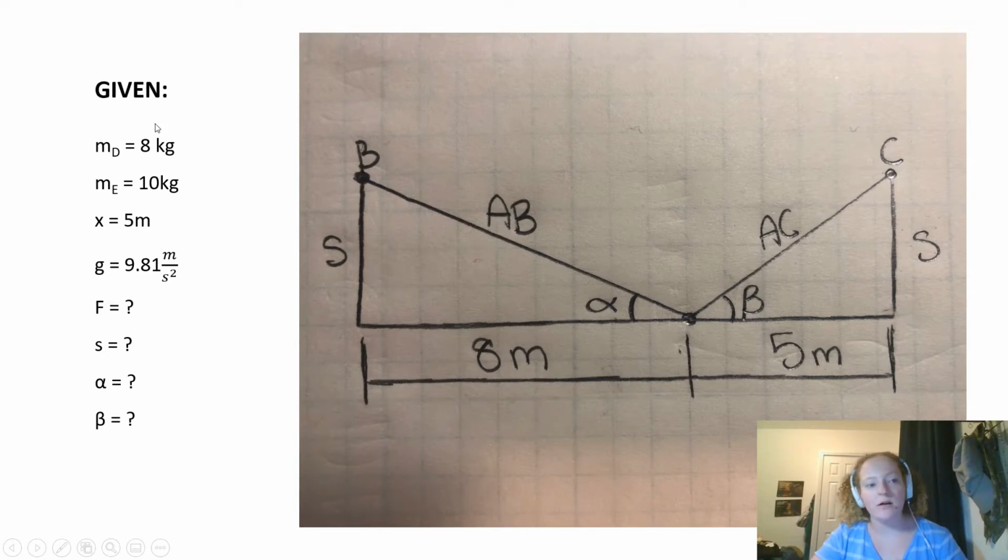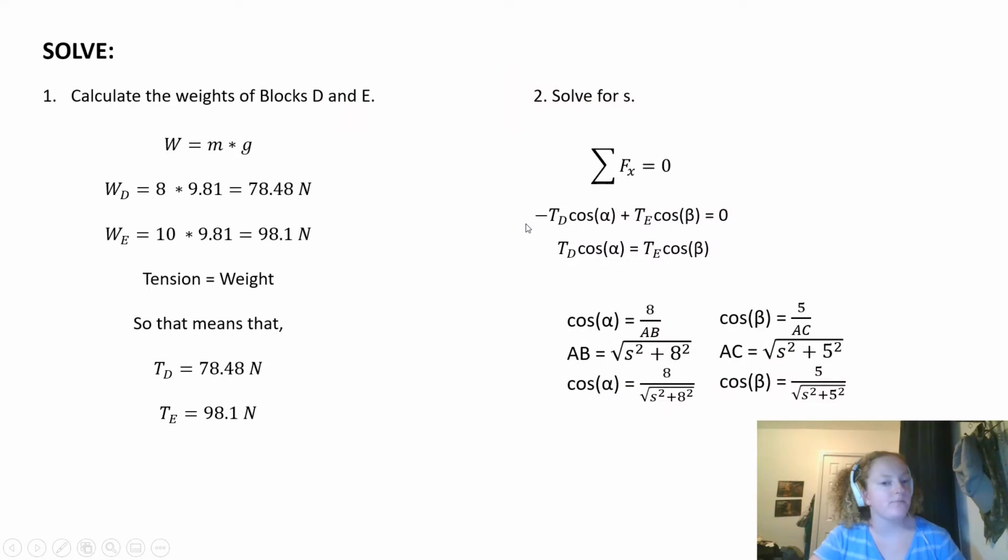So our givens are mass of block D is 8 kilograms, mass of block E is 10 kilograms, X is equal to 5 meters, gravity is 9.81 meters per second squared, and then we need to find F and S along with angles alpha and beta to solve this problem.